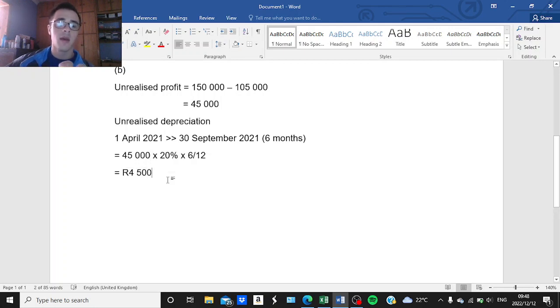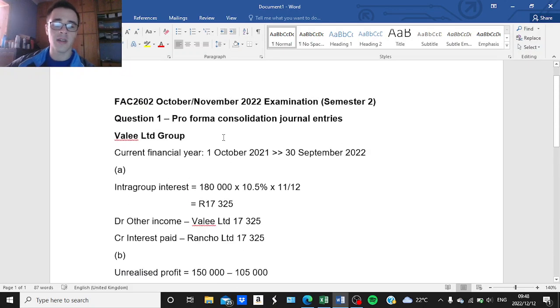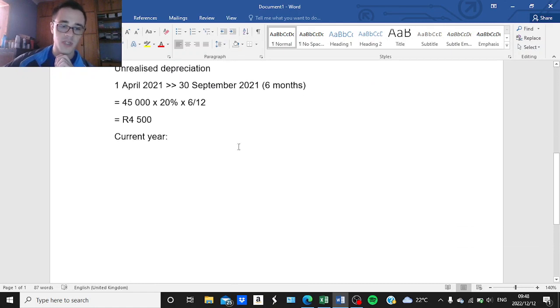Okay, and then we are calculating the current year's unrealized depreciation. So for the 1st of October 2021 up until the 30th of September 2022, we will calculate that. Once again, we are using the reducing balance method. So we need to take the unrealized profit of 45,000 and subtract the unrealized depreciation in respect of the previous year, which we have calculated to be 4,500.